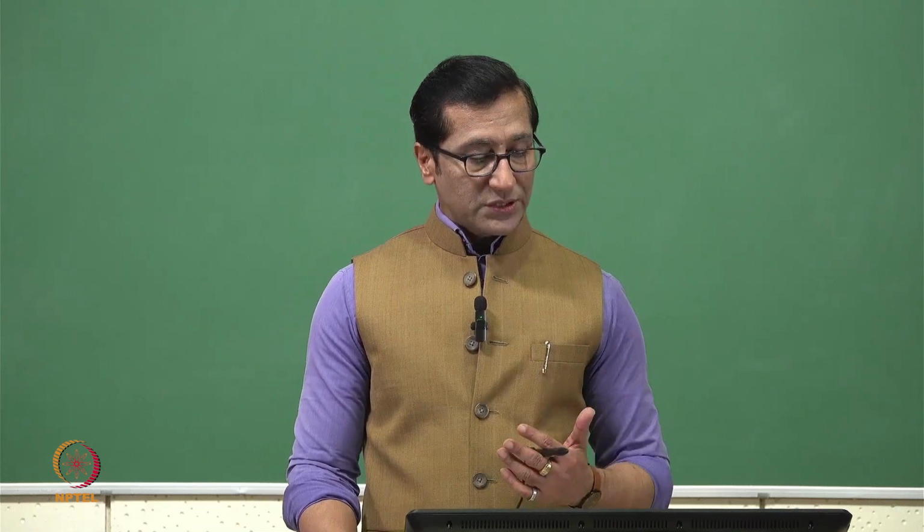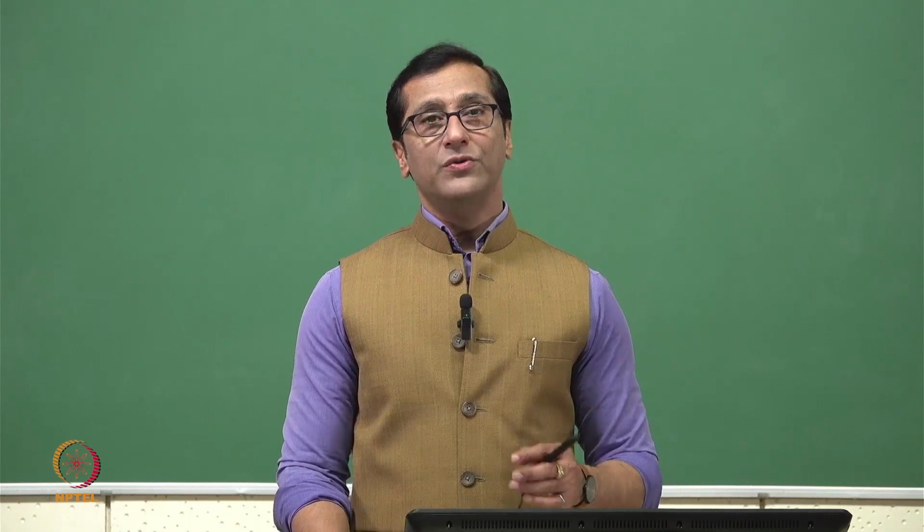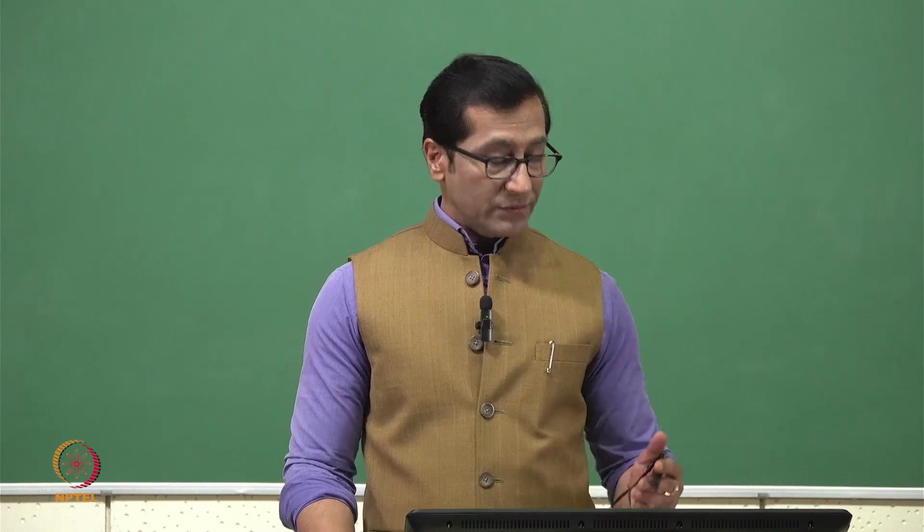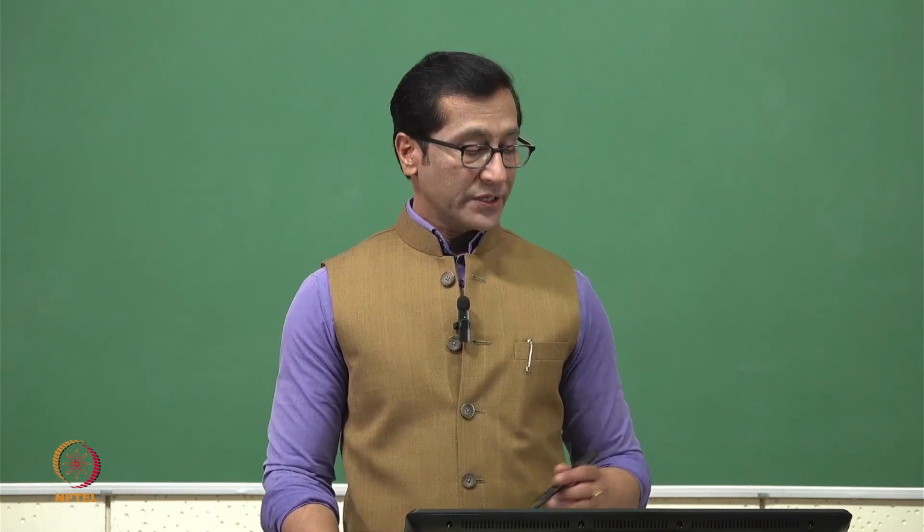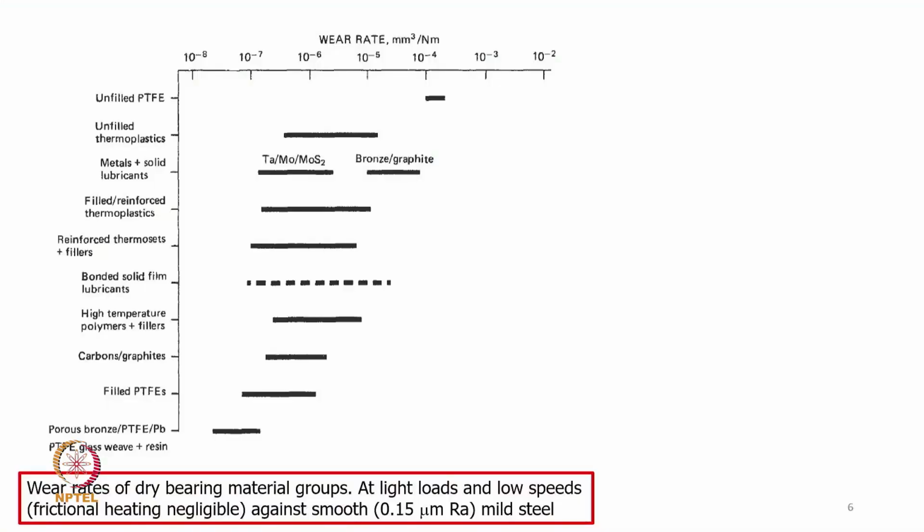Now most publications and books talk about only the coefficient of friction whenever they discuss solid lubricants. But here the Niels book also provides the wear rate. You can see the wear rate has been given in mm cube per Newton meter. Some books, instead of mm cube, use meter square per Newton.